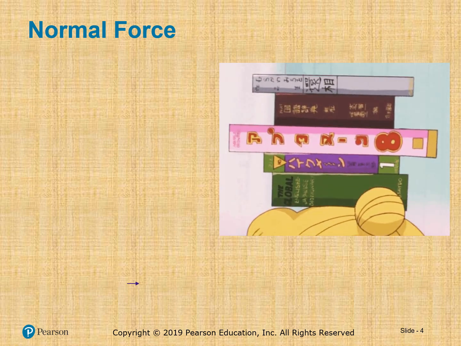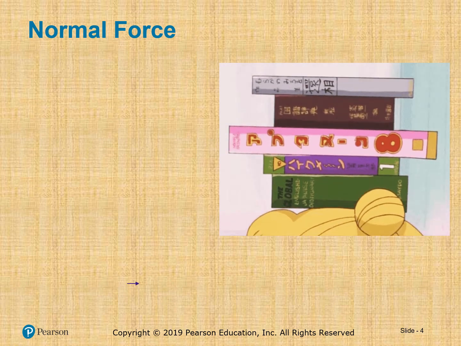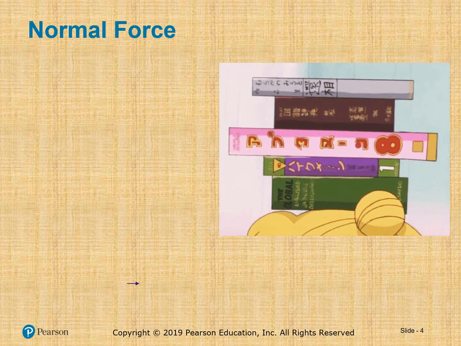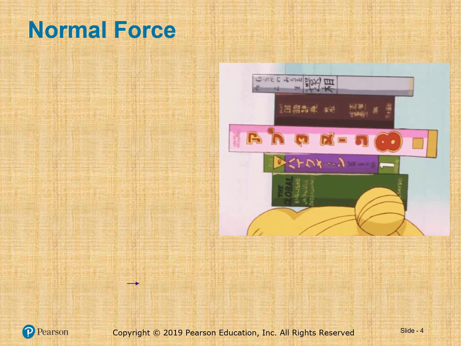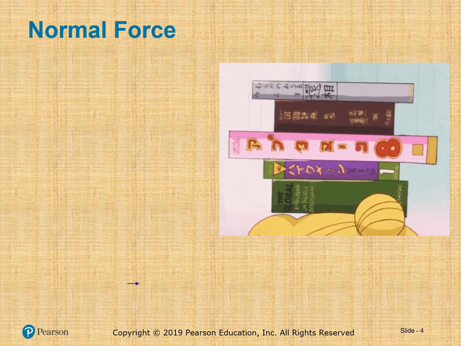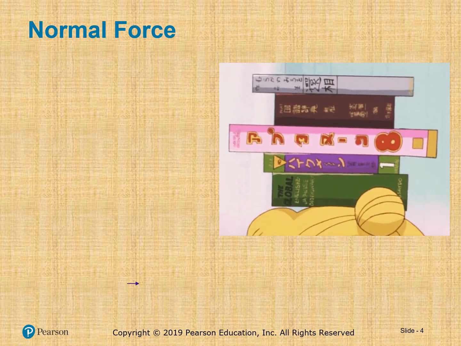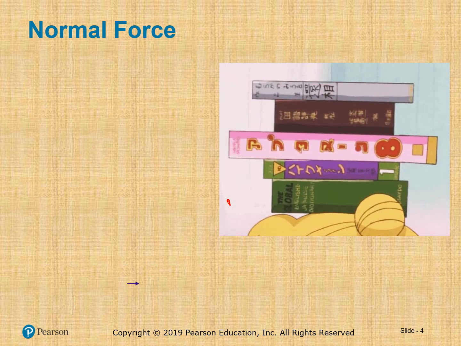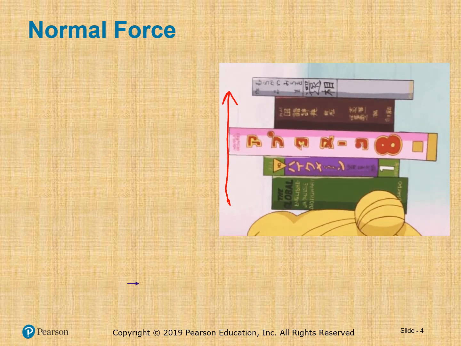So let's look at the normal force. As you see in the image, it appears as if the person is moving leftward, but that's just because there are clouds in the background that are moving rightward. So basically the motion is just up and down, up and down. So the normal force is a perpendicular force.